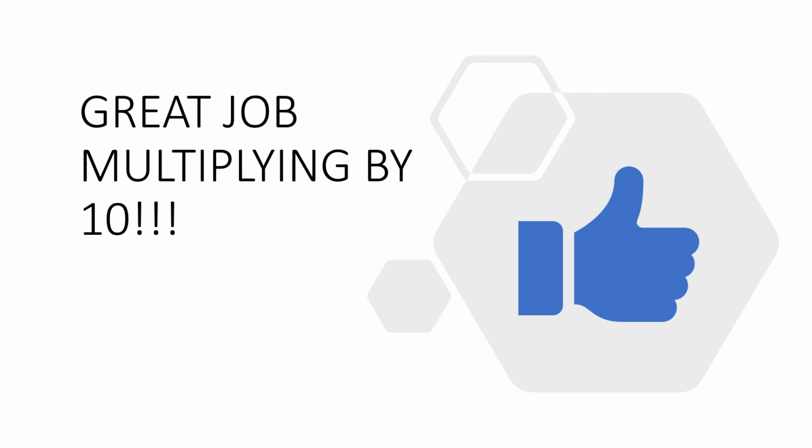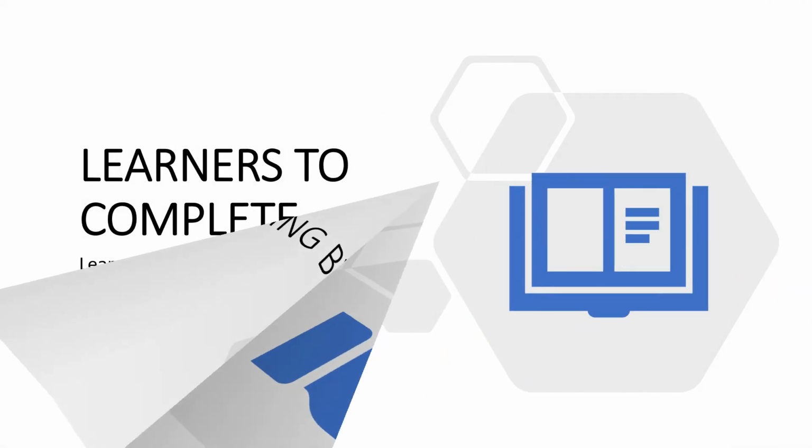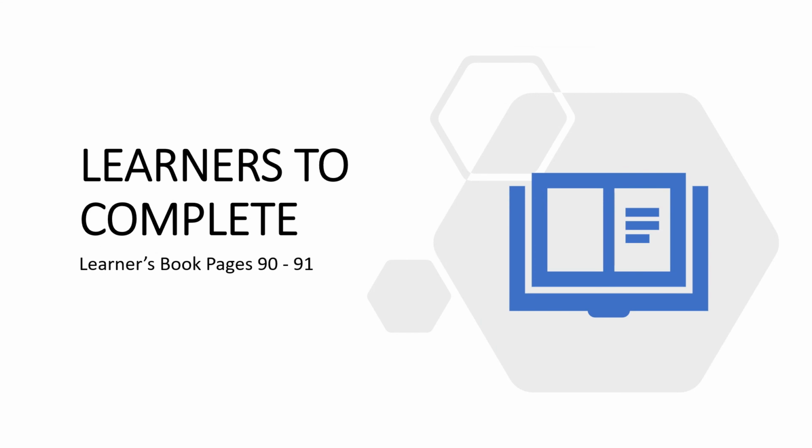Now, what's the next thing we have to do? Try to solve your learner's book pages number 90 to 91. It's all about multiplying by 10. Once you read and understand the questions, you will know what to do. Some of it might be to divide, but most of it will be to multiply. So attempt the questions, at least solve page 90 of your learner's book.